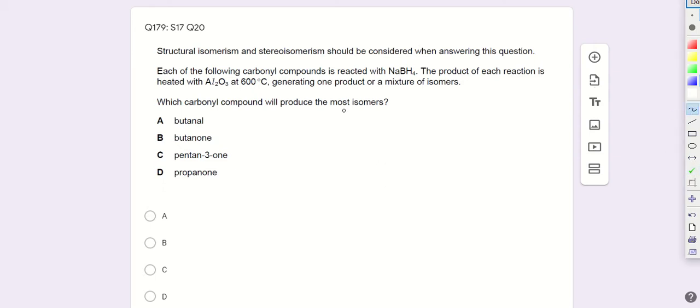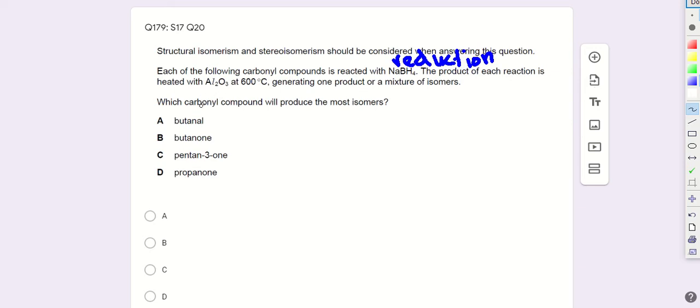Alright, now let's look at the question. Each of the following carbonyl compounds is reacted with sodium borohydride. This is reduction, right? Reduction. After that, the product of each reaction is heated with aluminium oxide at 600 degrees Celsius.